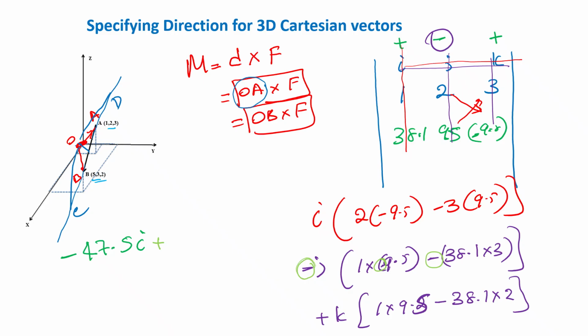It will become positive. 123.8 J. And the K will be 38.1 times 2 minus 9.5, which is negative 66.7 K. So we found the moment.